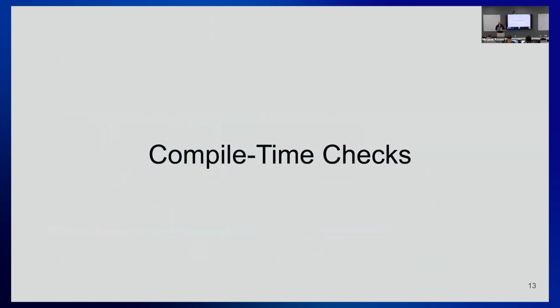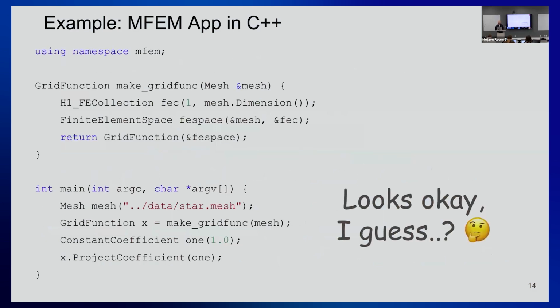So I'm going to talk about these compiler checks in detail now. For example, imagine that we're writing this MFEM app in C++. Can people see that from the back? Yes. I'll leave that on for a little bit, but basically we have this function that is constructing a grid function with a mesh.